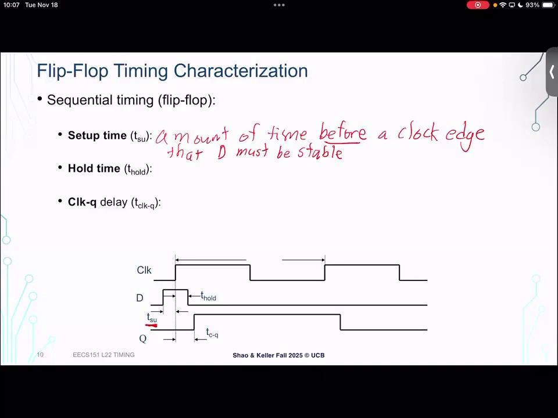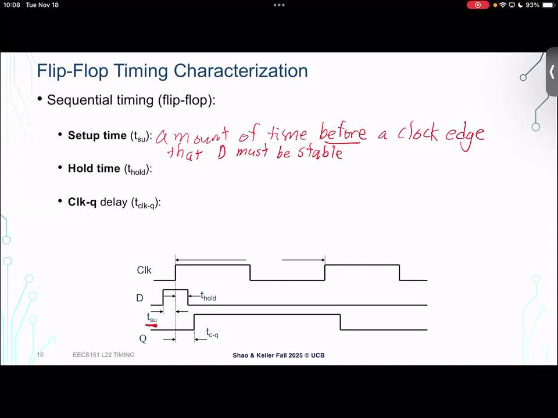Or to say it another way, D needs to be totally set up, hence the name, some certain time before the clock edge triggers, right? The whole rule with flops is you never want their inputs changing at or near the clock edge, because that way lies disaster. That way lies functional failures.